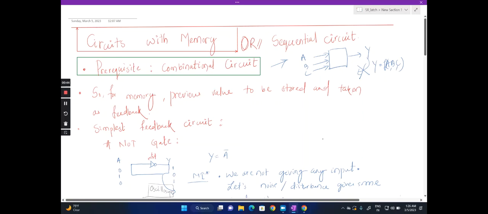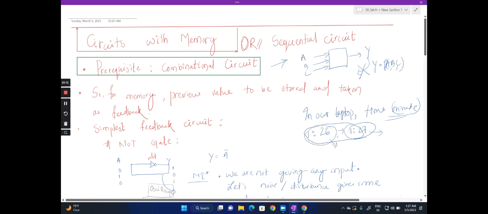For example, in our laptop, the time is updated every minute. So how is it updated? It is 126 now, but after a minute it will be 127. To be 127, it should remember that it was 126 a minute before.